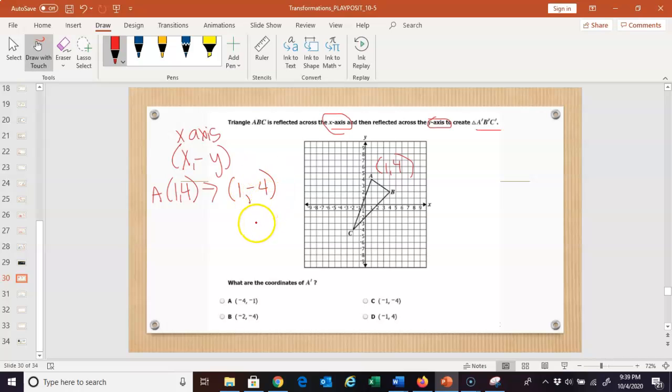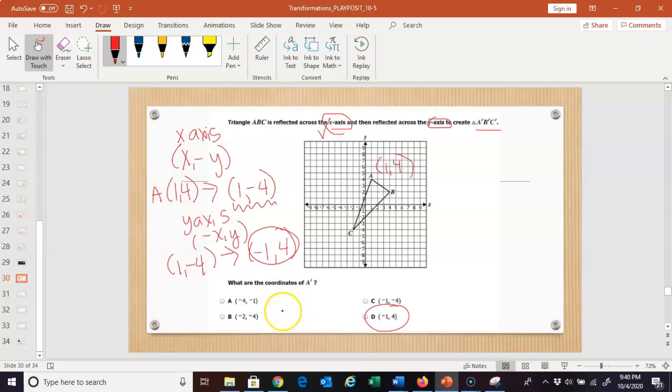So that's our first transformation, the x-axis, done. Then across the y-axis. Remember, the y-axis rule is negative x, y. So I'm going to take this new point that I already transformed, and do it again. I'm going to make the x negative. -1, +4. There it is. It is D.